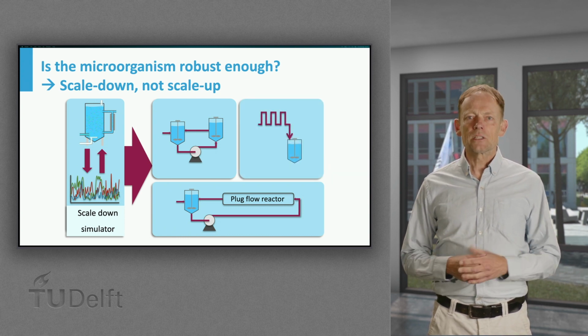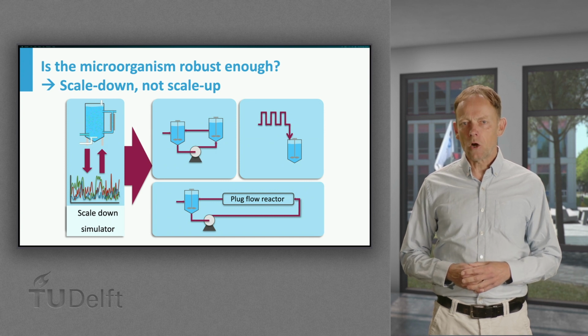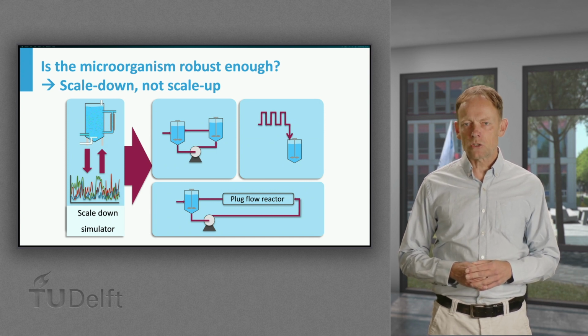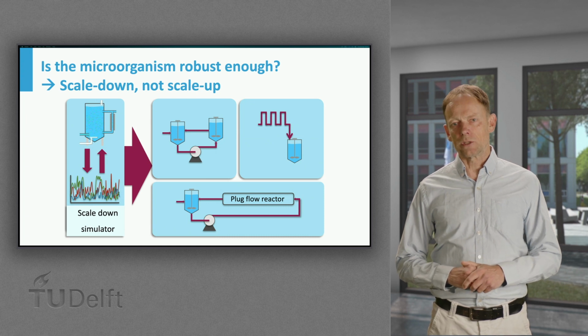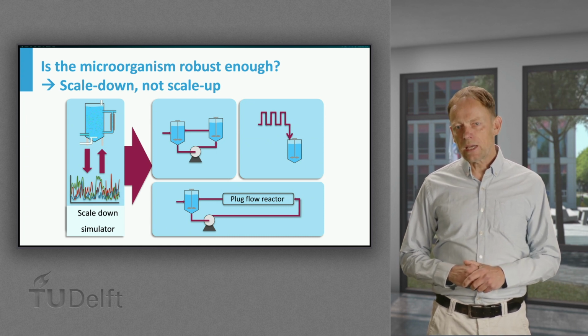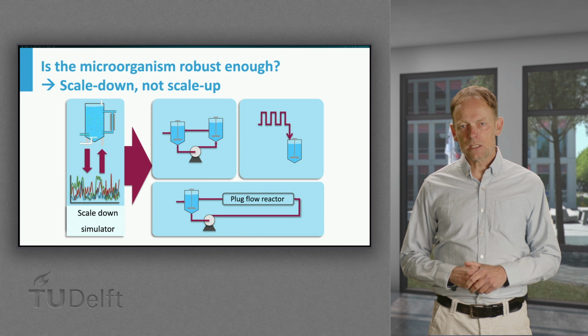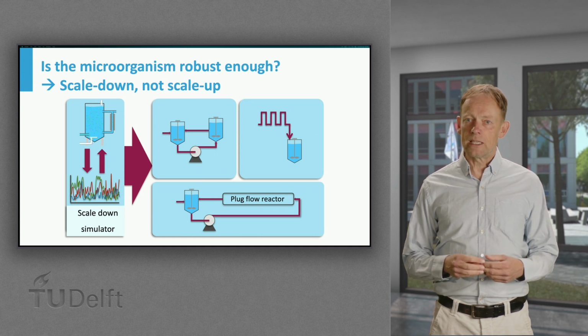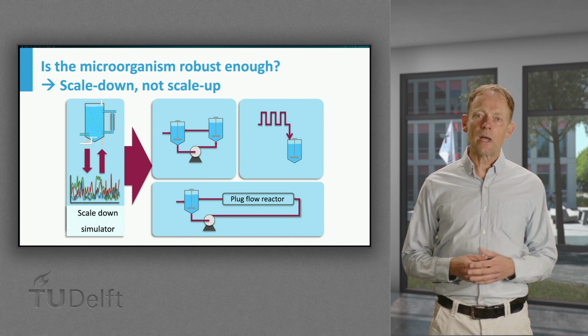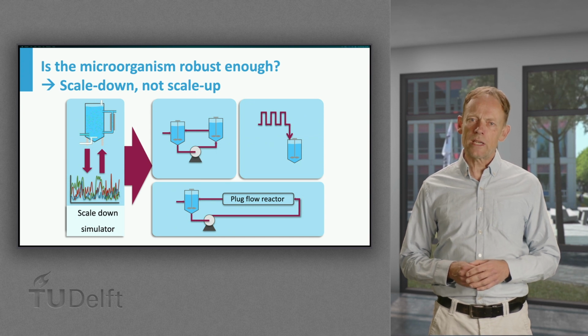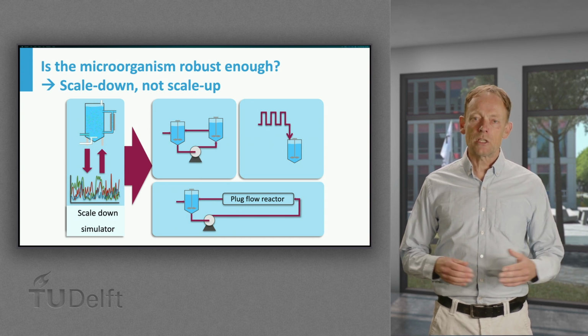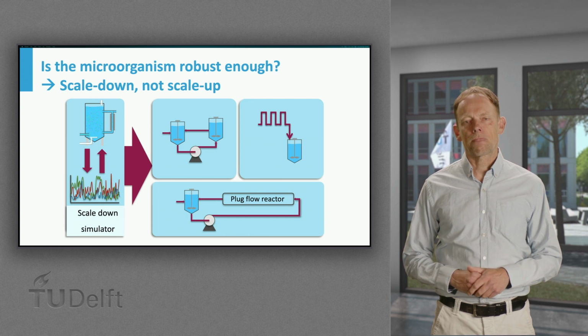A single reactor in which the conditions are varied by on-off feed and/or aeration and oscillating stir speed is the other option. In this way, variations in space are translated to variations in time. This is simpler to execute, however, cells are always in the same environment, which is not the case in reality.